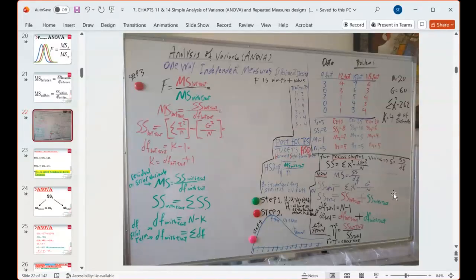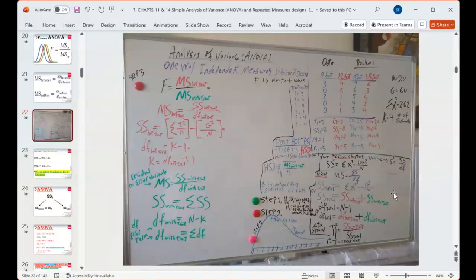Why Tukey? Because when your participants in each group are equal, we use Tukey, even though we can use the other ones too, and we get the same result. But this one is specifically designed for when you have an equal number of participants in your groups.